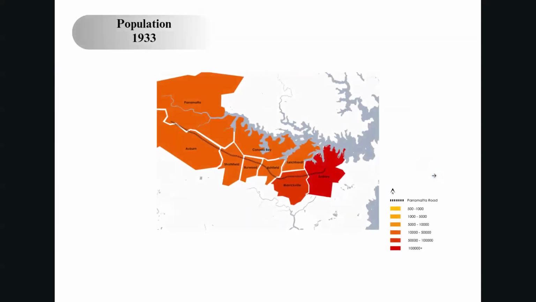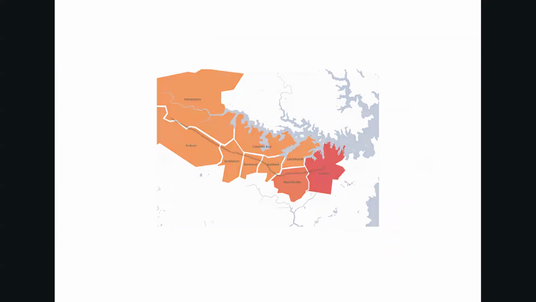By 1933, Sydney's urban expansion had accelerated rapidly. Due to the construction of Parramatta Road and the railway, close to 50,000 people lived in Burwood, Strathfield, and Auburn, forming large-scale suburbs at the time.